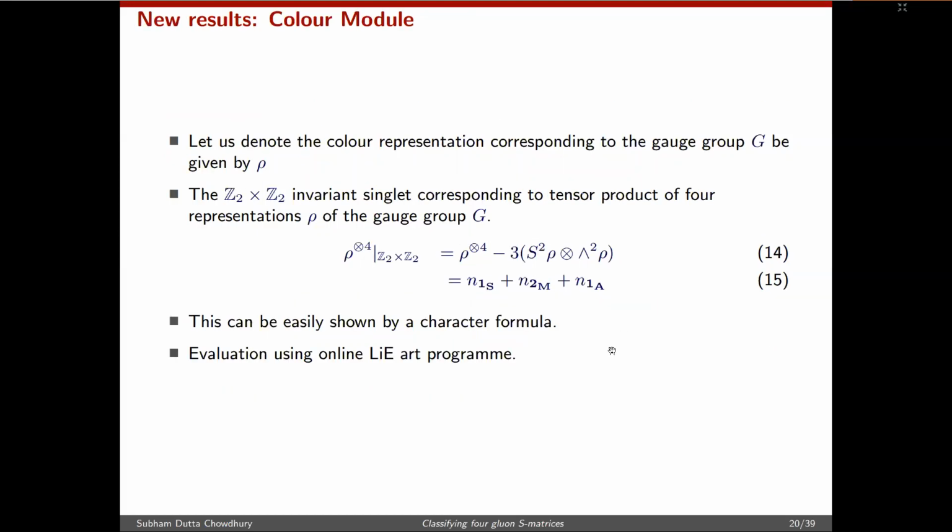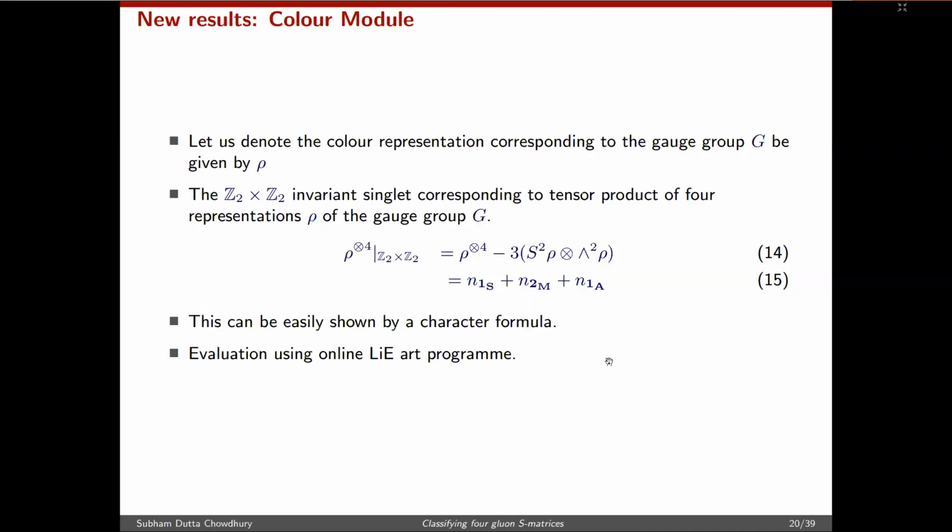I'm not explaining how I'm getting this formula, but after the talk, if I have time, I can tell you roughly how to get it. Essentially, if you evaluate the number of singlets in the tensor product of 4 group theoretic representations rho, you are done. And we have been able to do it using an online LiE program.